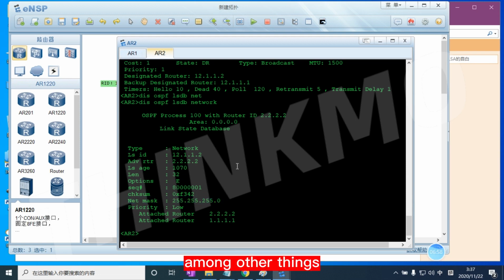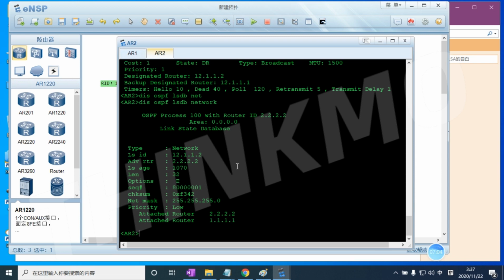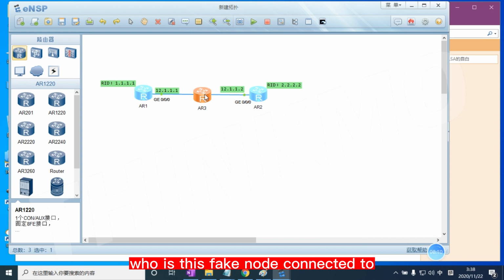Among other things, we also saw the attached router. It refers to which routers are connected. We actually saw that one is connected to 2.2.2.2 and one is connected to 1.1.1.1. In other words, who is this pseudonode connected to?